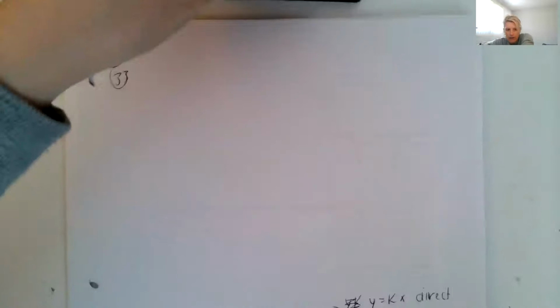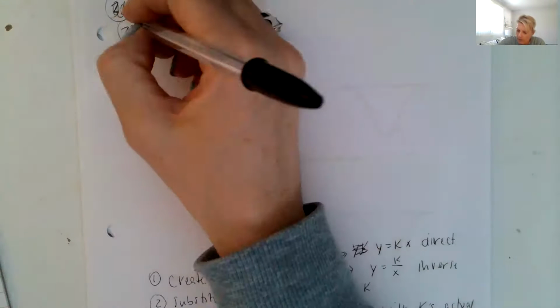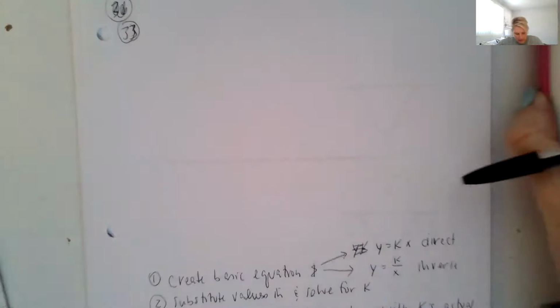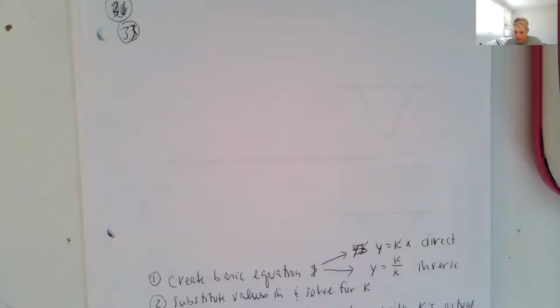I would like to do a couple story problems because they're the real life ones that you really want to get some practice with. Number 33 is one that I'd like to look at. Let's read through it first.